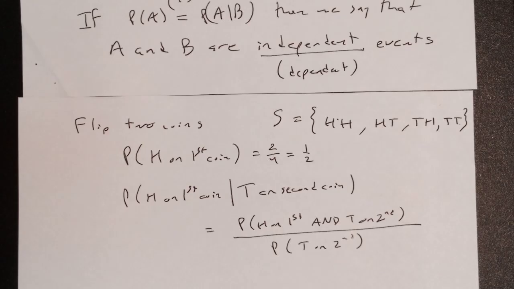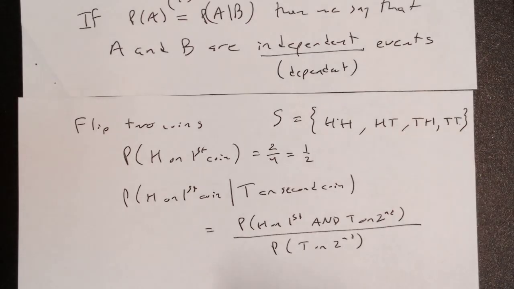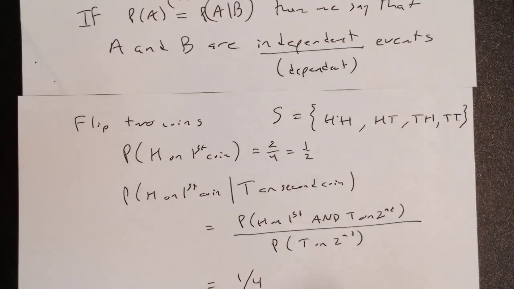How many of my outcomes have a head on the first and a tail on the second? There should be a show of hands here. Just one. Out of the 4.